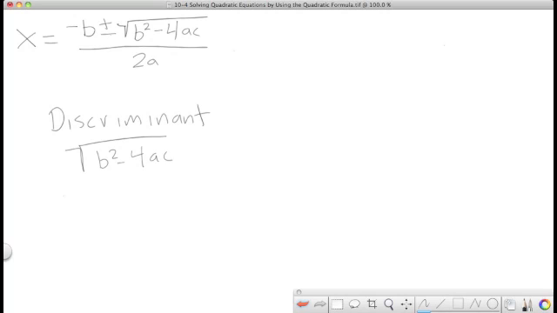So if whatever we have in the discriminant equals a negative number, let's say when we add all this up it equals negative 5, that's going to mean, because it's a negative number, that it has zero roots, which means that it is not crossing the x-axis.